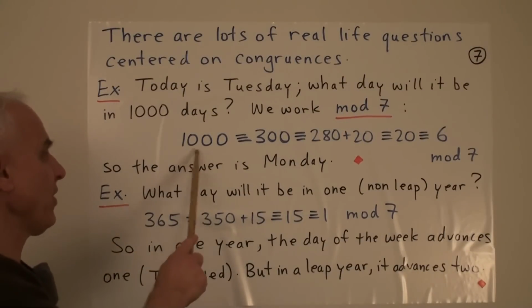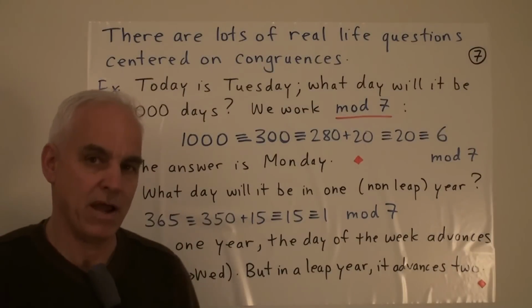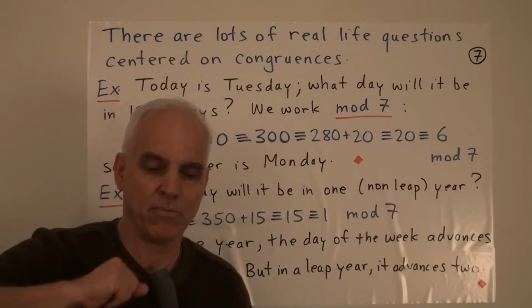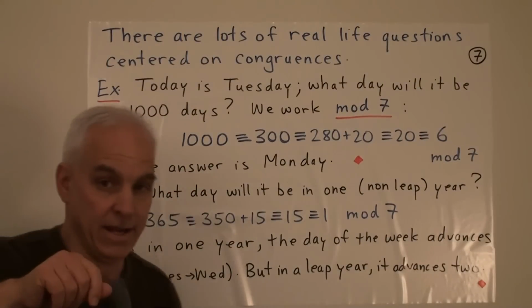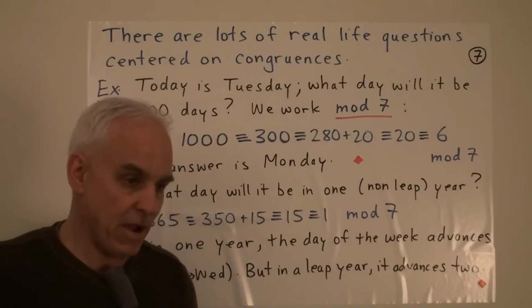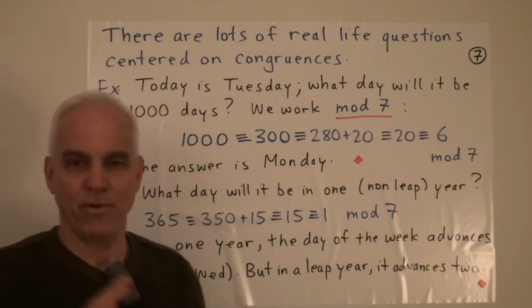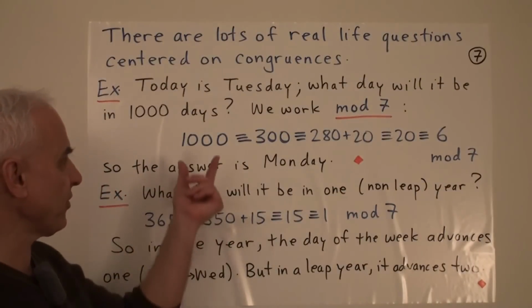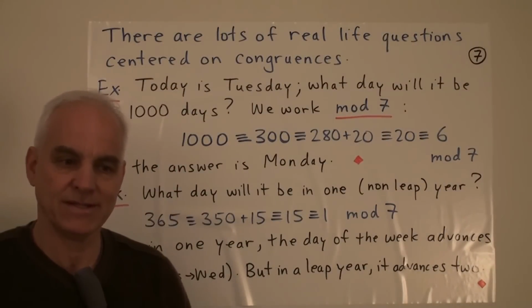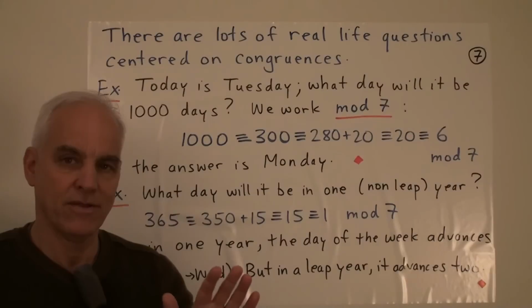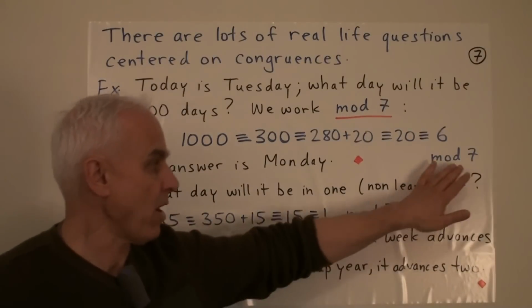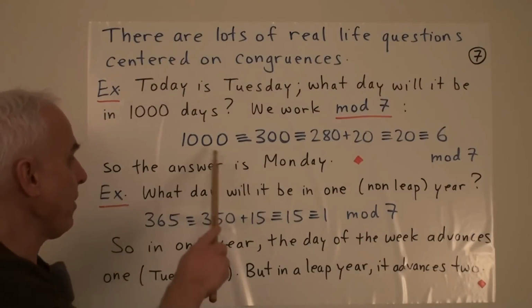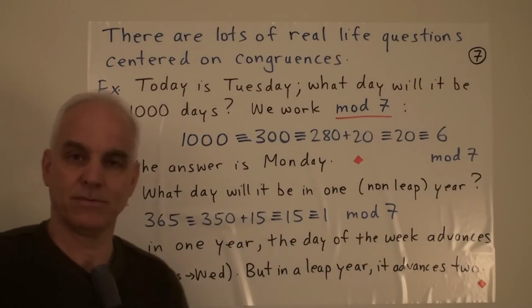What's the remainder that you get when you divide 1,000 by 7? Let's do it in a little bit of a different way than previously. Instead of actually dividing 1,000 by 7, let's think about throwing away multiples of 7. An obvious multiple to throw away is 700. 700 is the same as 0 when we're working mod 7. So if we throw away 700, it hasn't changed anything, but then the 1,000 becomes 300.